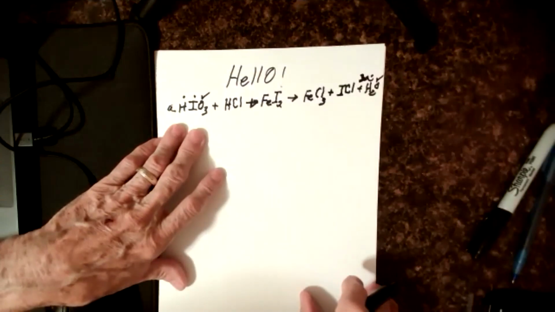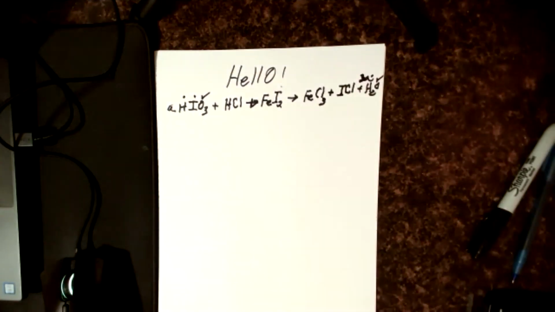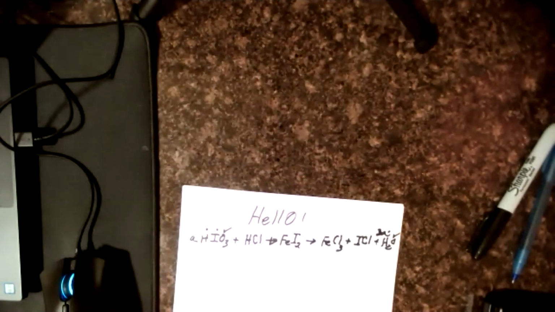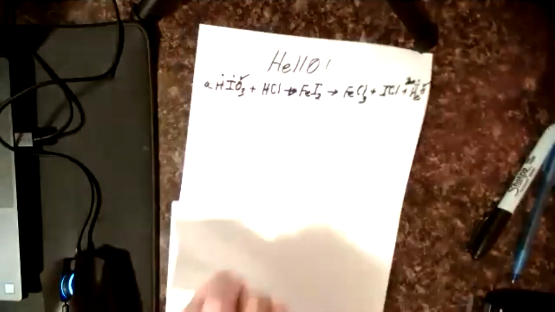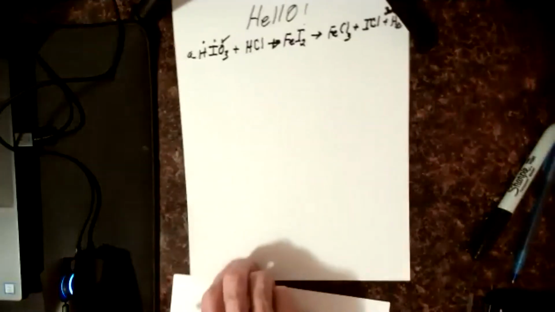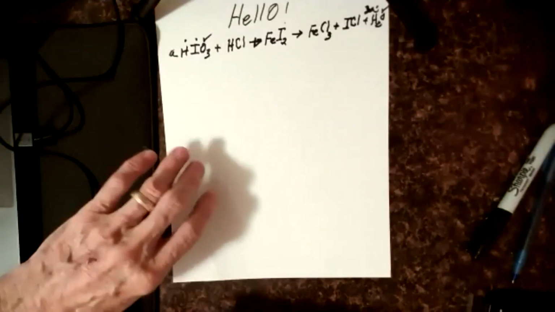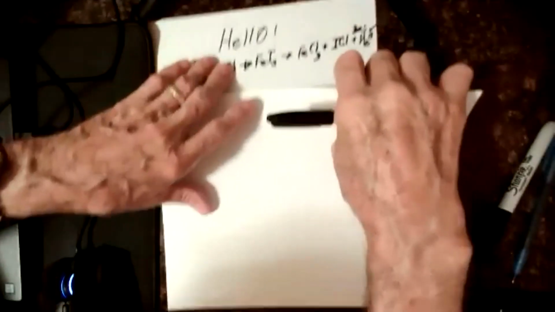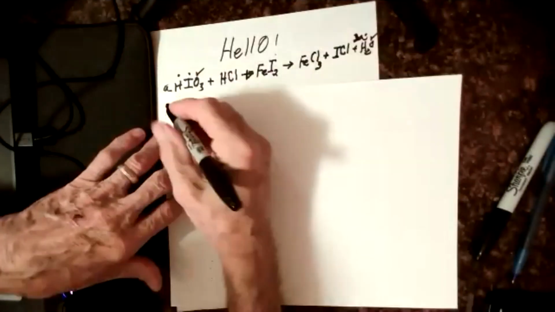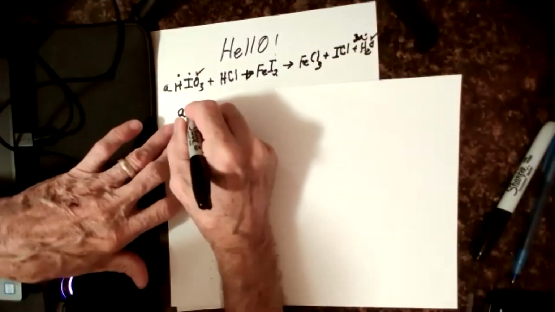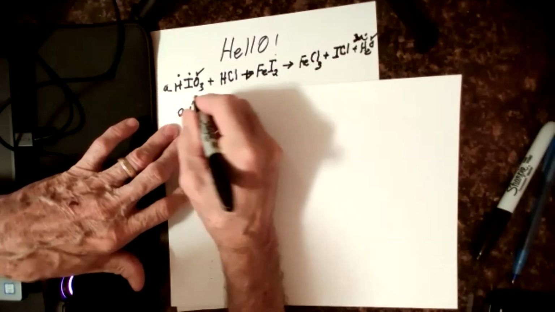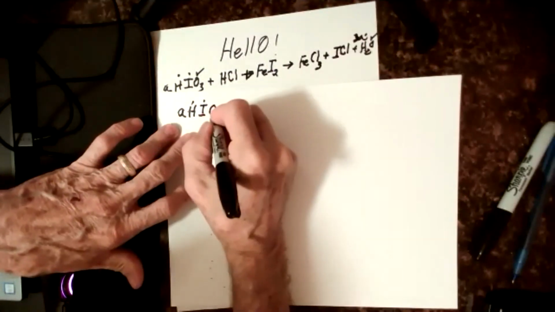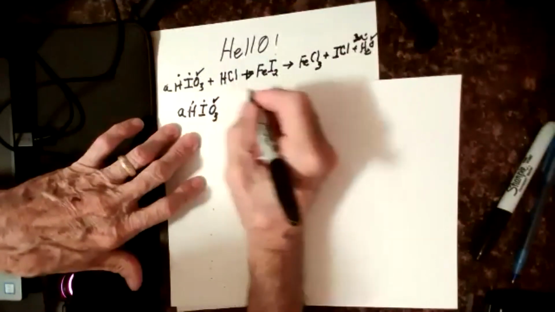Okay. I think I better transfer this to another piece of paper and turn it the other way. So let's do that down here. Plan ahead next time, Earl. Okay, we've got an A, we've got H with a dot over it, we've got iodine with a dot over it, we've got oxygen, 3 of them with a check mark.